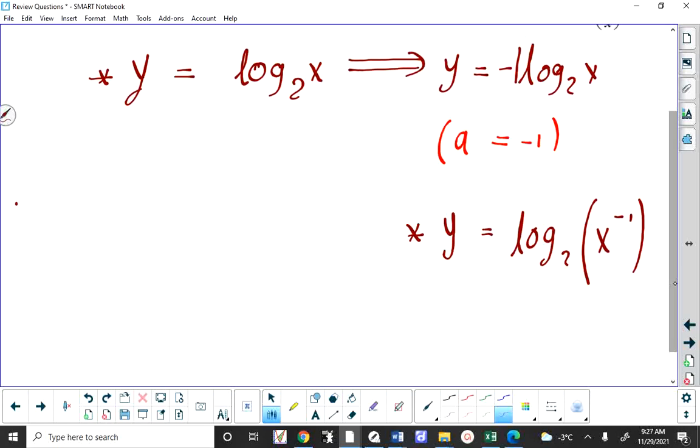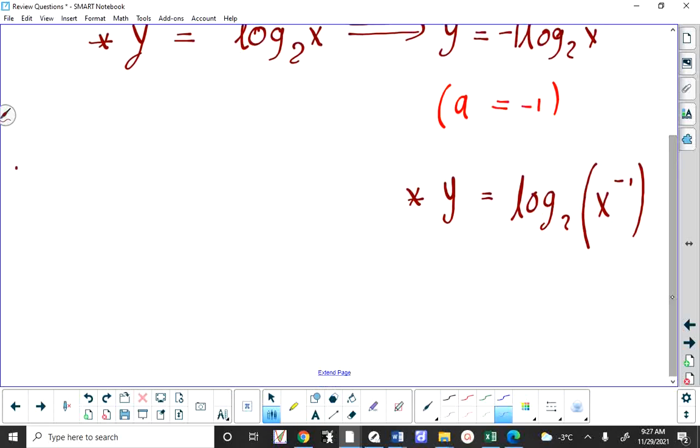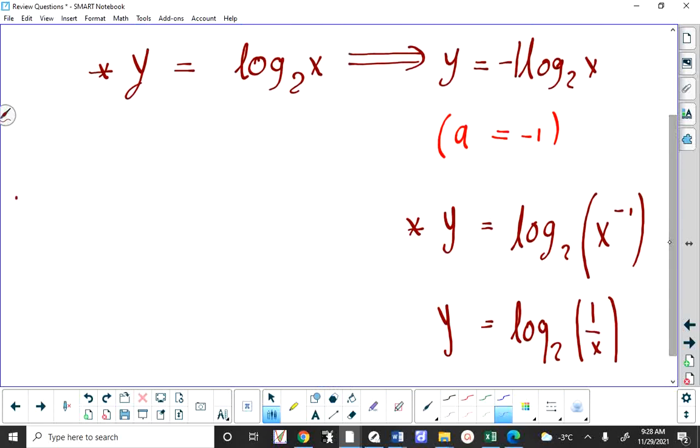But from grade 10 math, a negative exponent means a reciprocal. So this can be written as log base 2 of 1 over x. So any of these three functions that I've written on the left are vertical reflections of the original function.